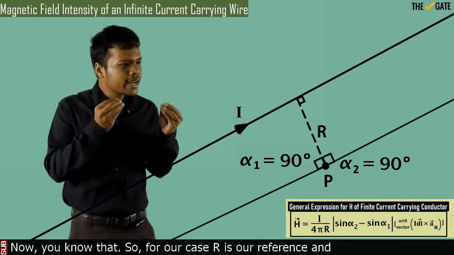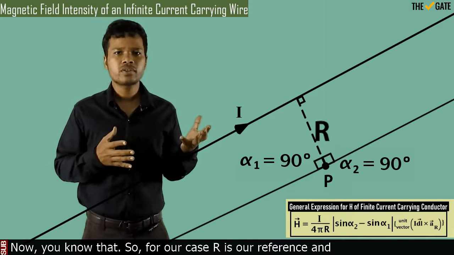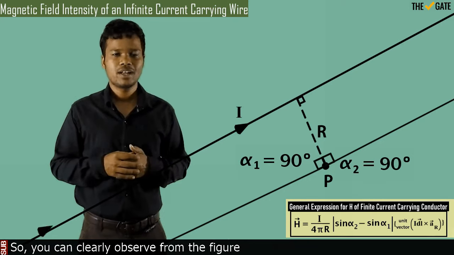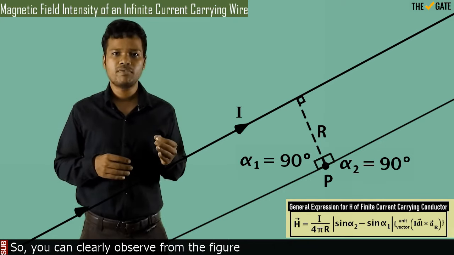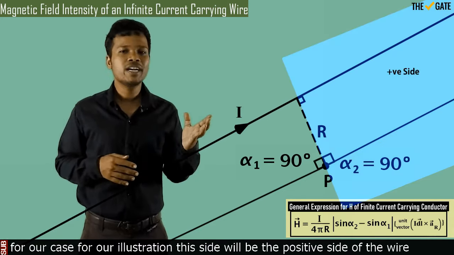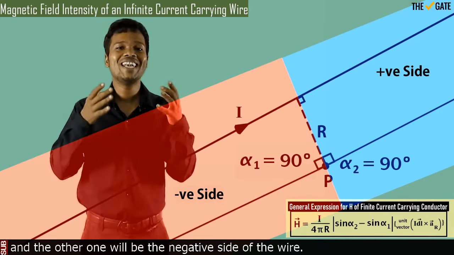So for our case, capital R is our reference, and we have assumed that current flowing through this wire is like this. You can clearly observe from the figure, for our illustration, this side will be the positive side of the wire and the other one will be the negative side.